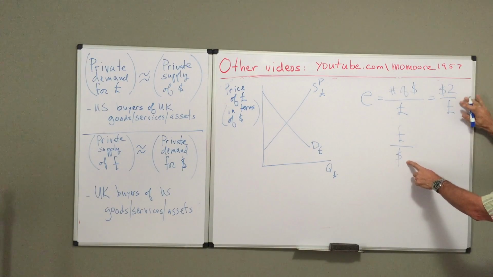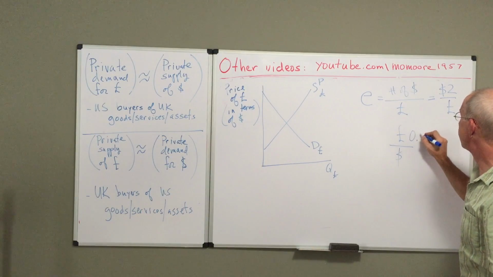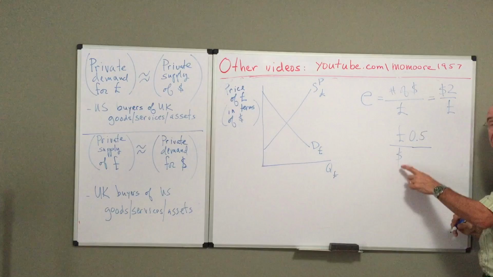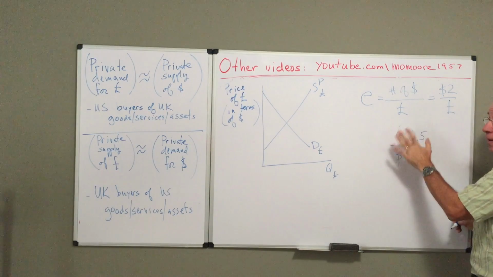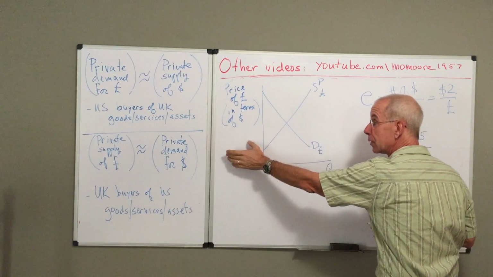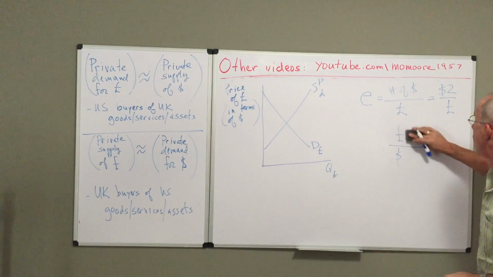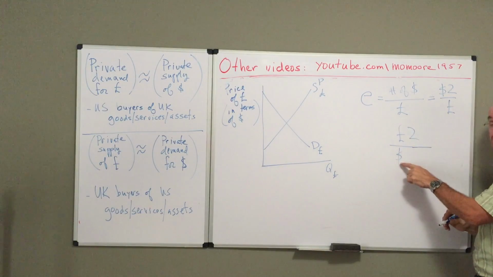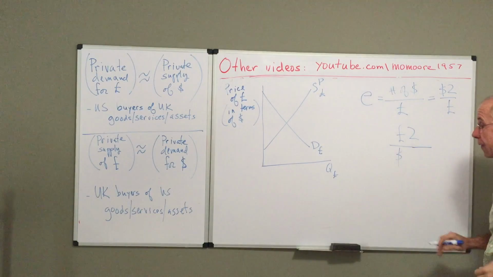If it takes $2 to buy a pound, it's going to take only 50 pence to buy a dollar. It's the inverse. But it does very much make a difference what you put over on this axis, because 2 pounds per dollar is not the same thing as $2 per pound. So make sure that you get that right.